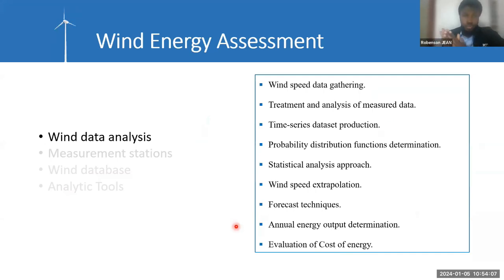And now, in order to manage such a system, we have to make a data analysis. We have to make a data assessment for the wind. So we have to have wind speed data for the places, and then we make some treatment and analysis of the measured data.